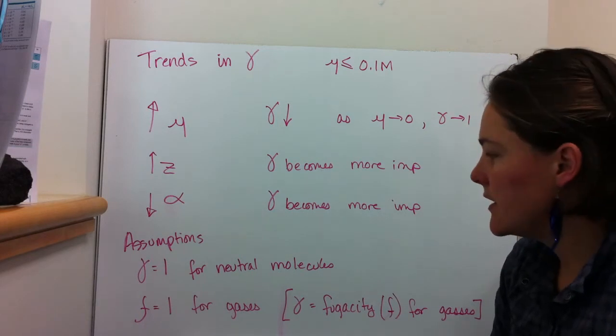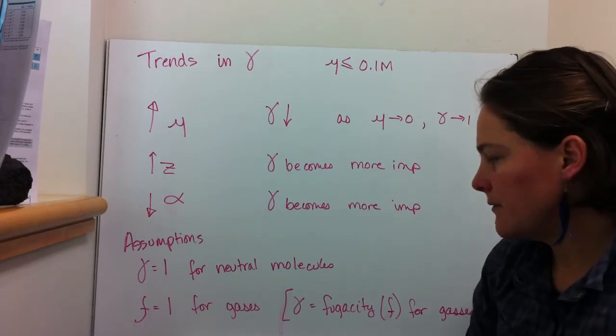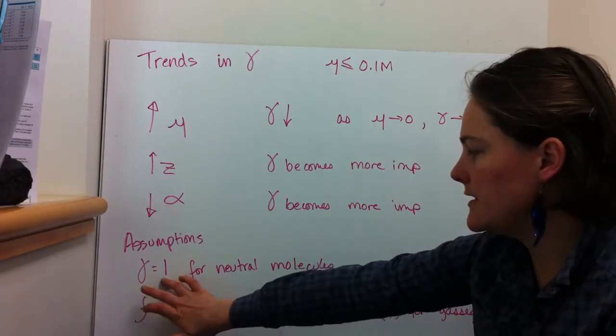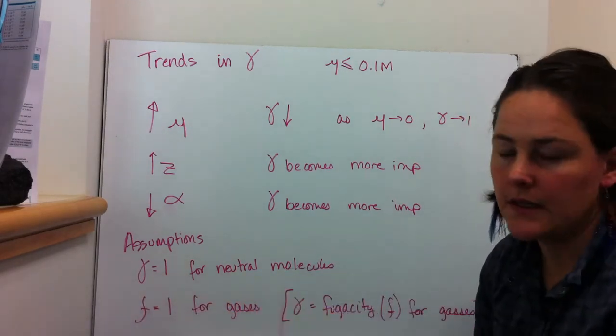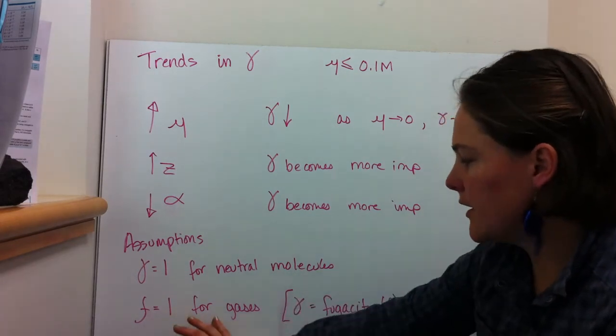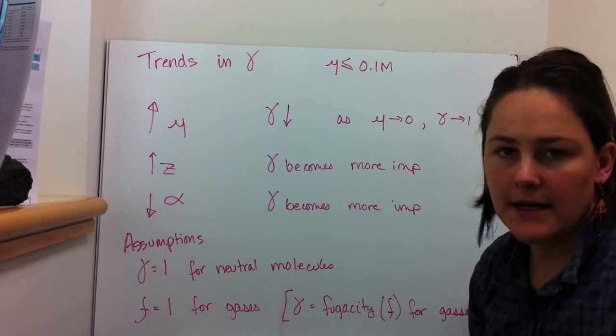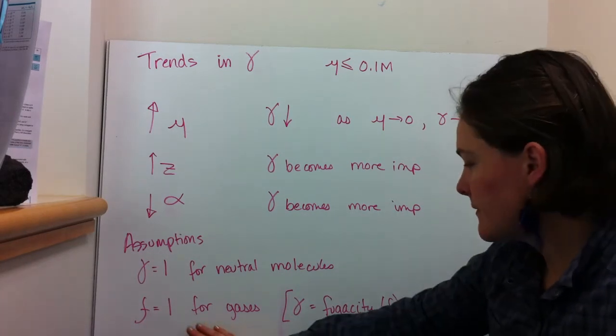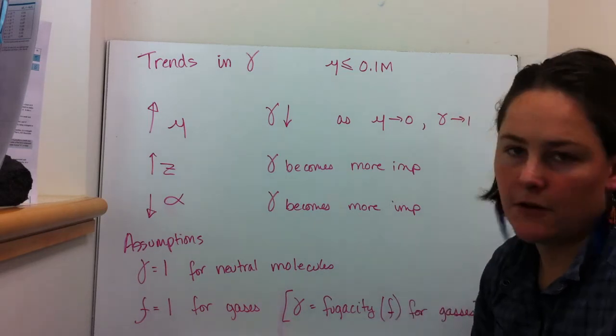So here's a couple of assumptions that we're going to use for this class, and that is that activity coefficient is equal to 1 for all neutral molecules, and that the fugacity is equal to 1 for all gases. So the fugacity is just the activity coefficient for gases.